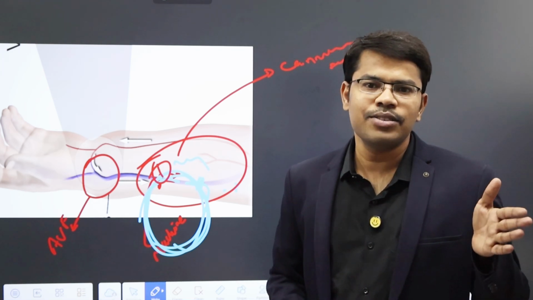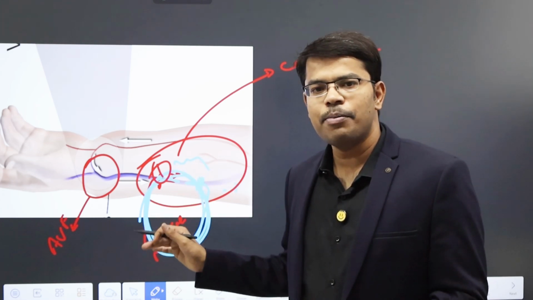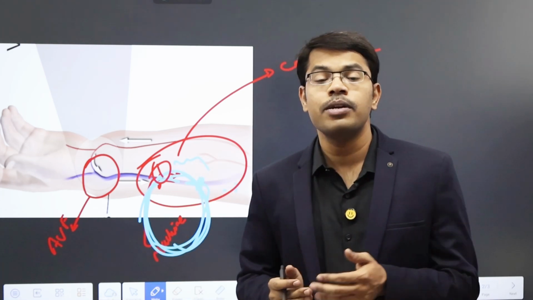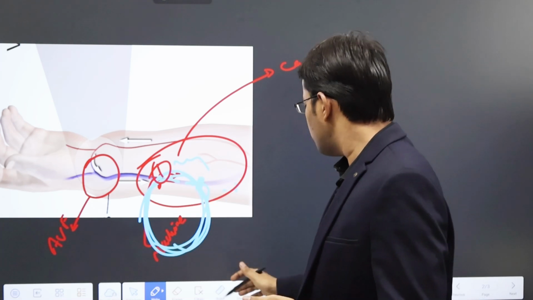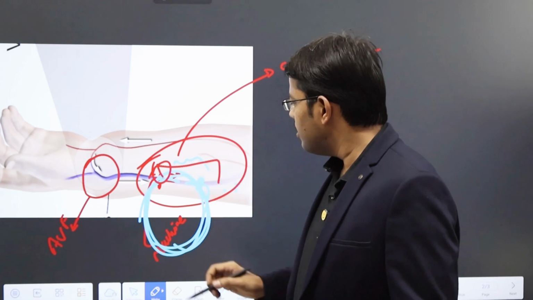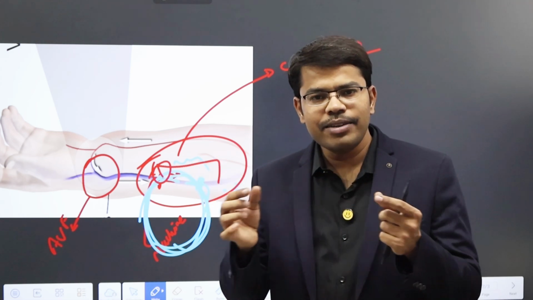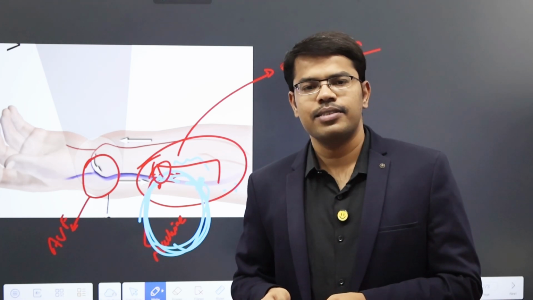Theoretically, yes, that is for AV fistula cannulation, but practically that 6 cm of cannulating segment, why 6? Because that much cannulating segment only can provide an adequate area for the needles to go inside to give the adequate clearance.